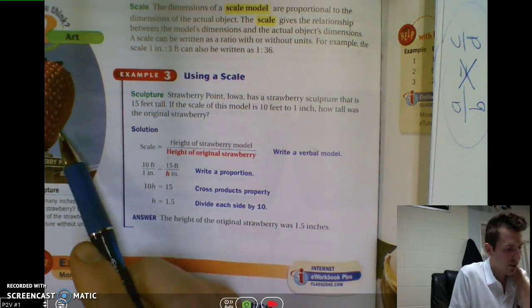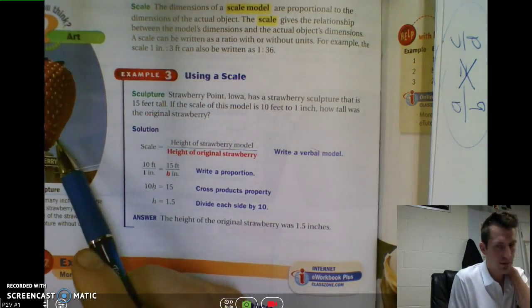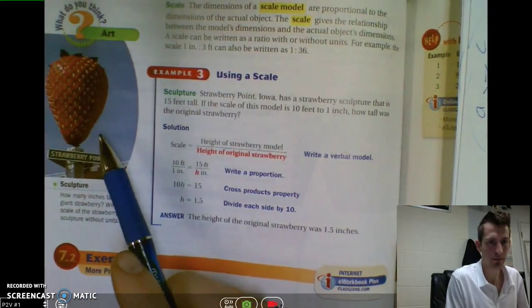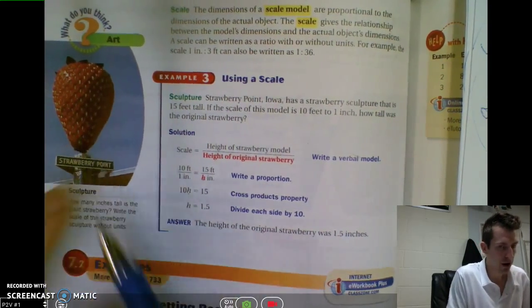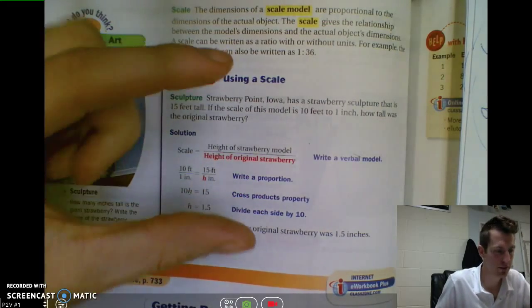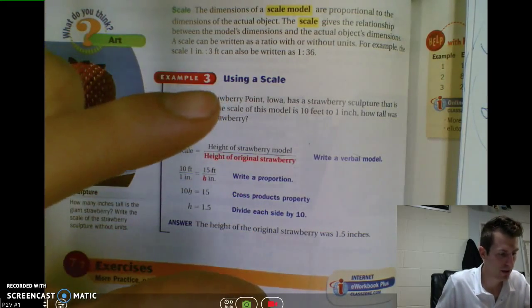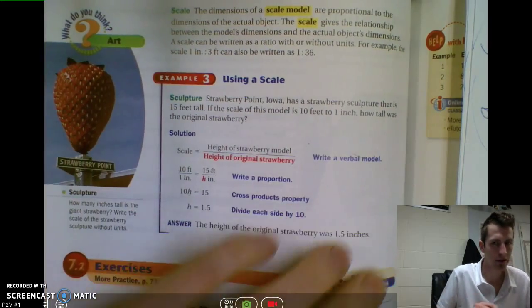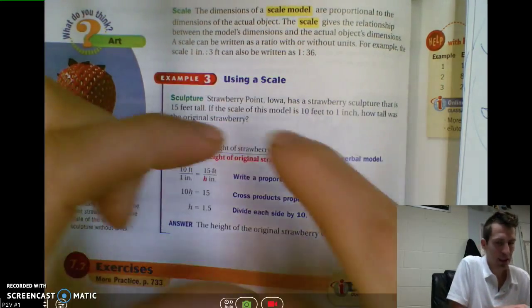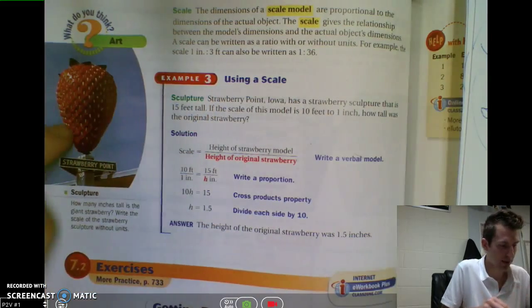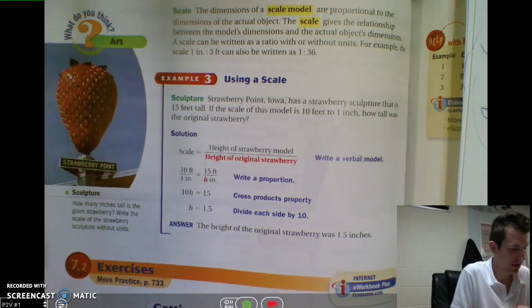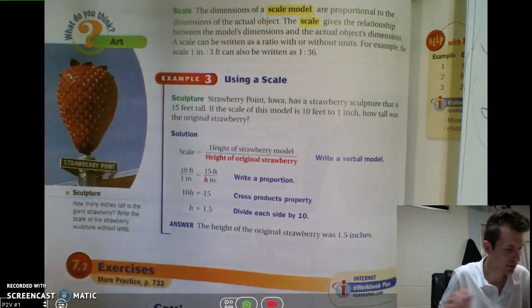Here's a big old strawberry at some town that is really into their strawberries. They made this big model off of a small actual strawberry. So this is called a scale model. They took that small little strawberry and they scaled it up big to make that, I think that's on top of a building somewhere.